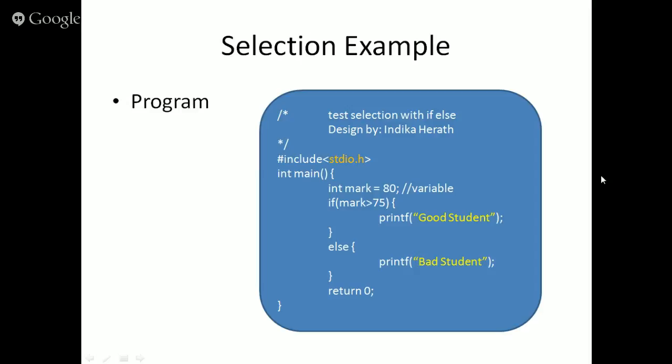Then we check using an if condition whether mark is greater than 75. If mark is greater than 75, we print good student, or otherwise we print bad student. That is how selection statements work.